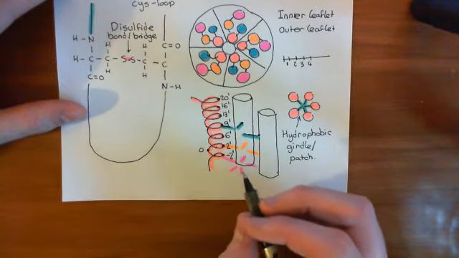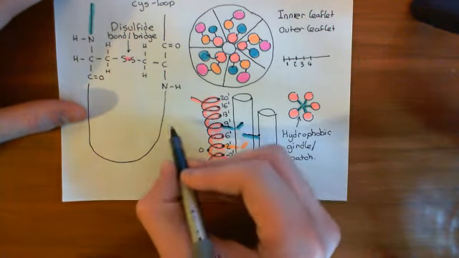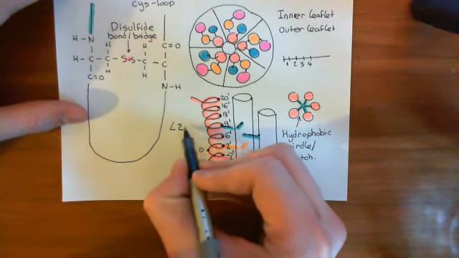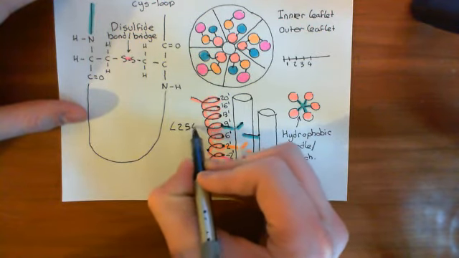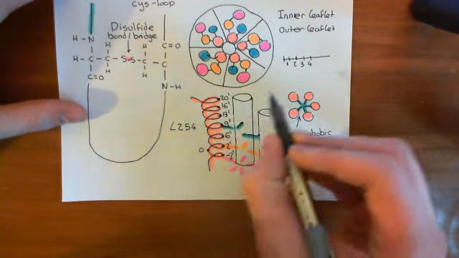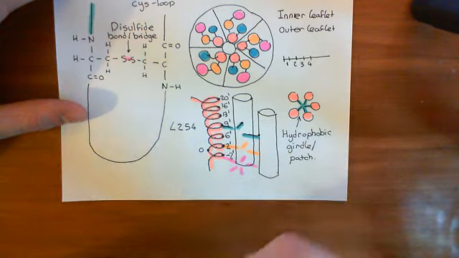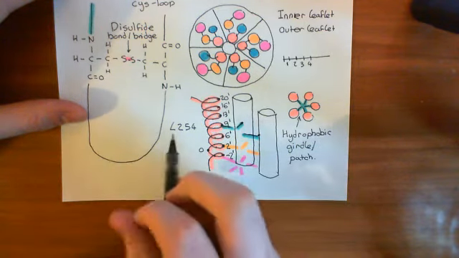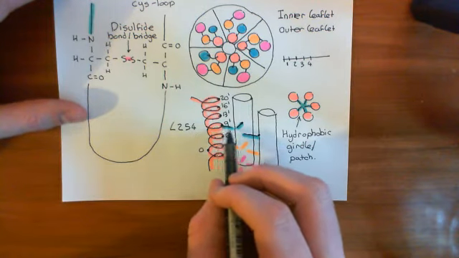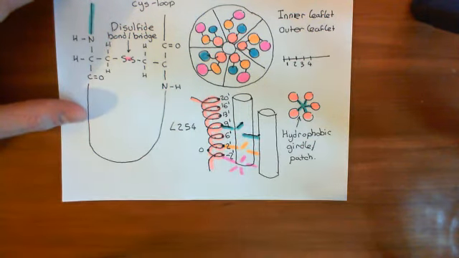Instead, the labeling of this leucine at 9' is in fact leucine 254. So that's its actual position on the polypeptide. If you count from the amino terminus up to the 254th amino acid, then that's this 9' amino acid on the M2 alpha helix.